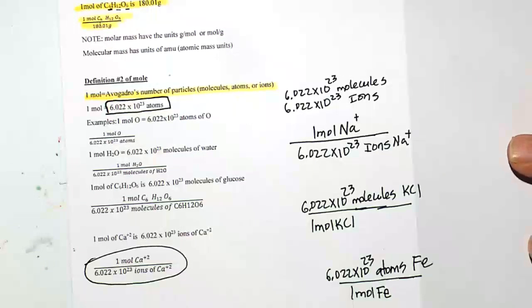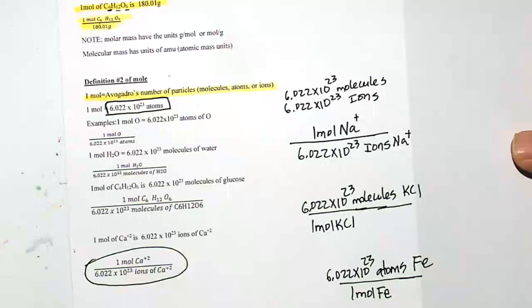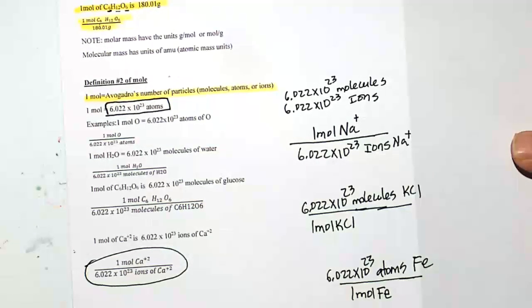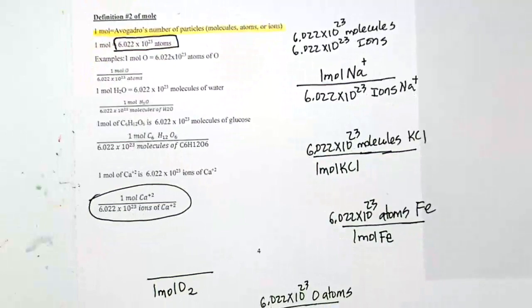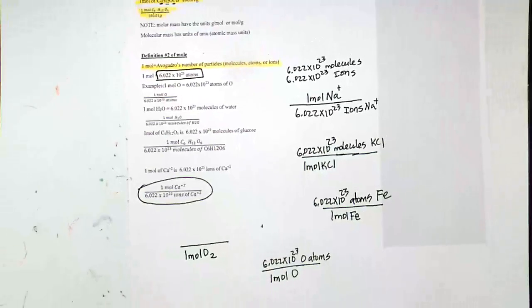Now, where it would be different would be 1 mole of O2. Okay, 1 mole of O has 6.022 times 10 to the 23 O atoms. But because oxygen's natural form is O2, we actually have to multiply this by 2.